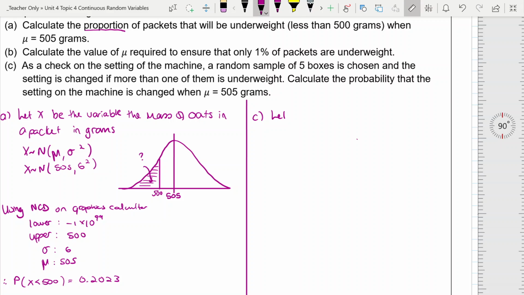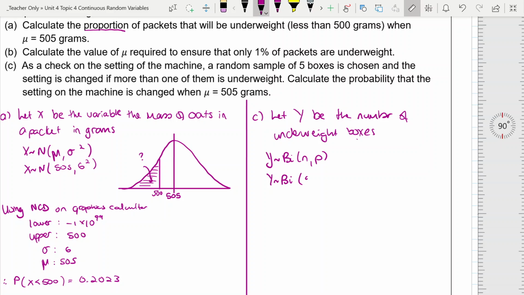So let's define that new variable. So let y be the number of underweight boxes. And can you see how sneaky we can be? Because we've got a normal distribution question, but as soon as we change the focus of it, it can become binomial. So y is now approximated by a binomial in n and p, and our n is our number of boxes.